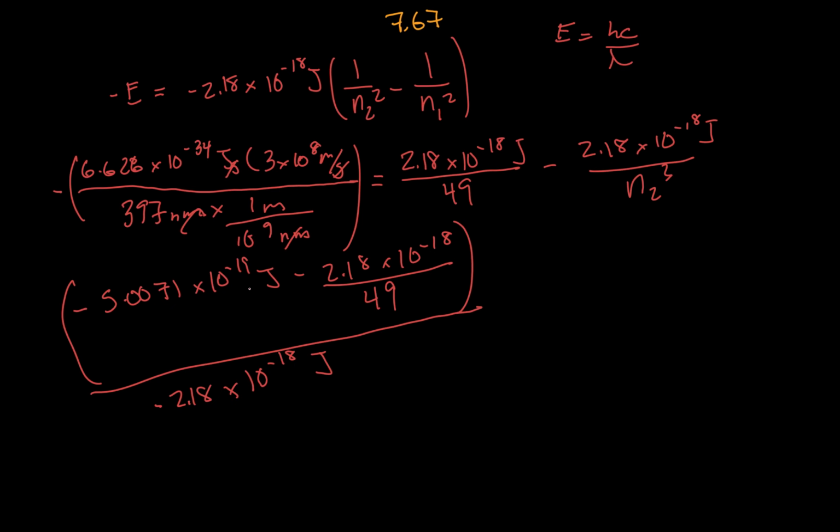Or you've done something wrong with your setup, because we're going to be taking the square root of something. Okay, so once you take the inverse of this thing, you should end up with something more or less equal to 4, and then once you take your square root of that, you'll find 2. So that's the level of n that the electron really relaxes to.